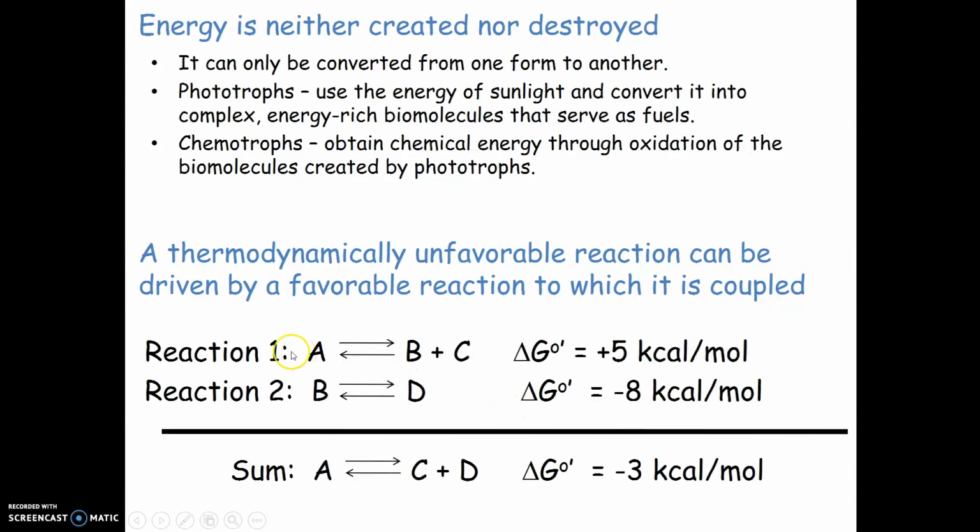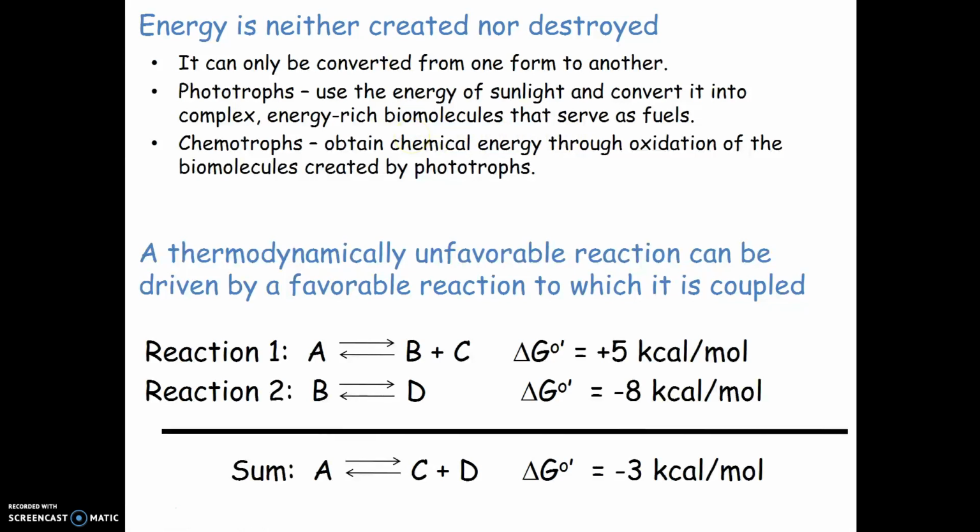So phototrophs, they take energy from sunlight and convert it to energy biomolecules that serve as fuels. So you can think of our plants taking our sunlight and converting it to our starches that are amylose and amylopectin that we can then eat and then utilize as fuel.